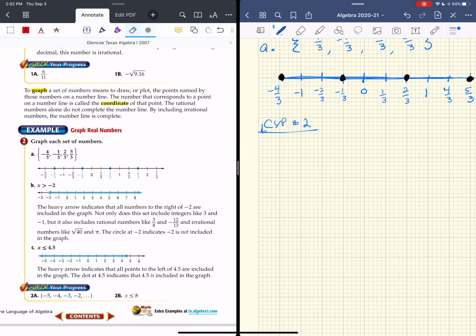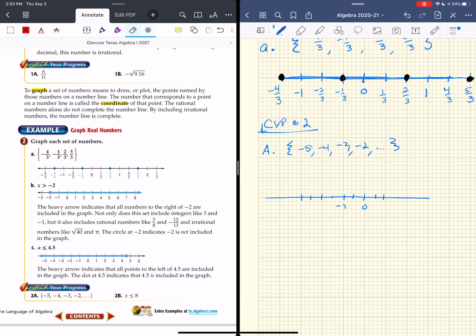I guess what we could say is if we're looking at the set -5, -4, -3, -2, ... So on a number line, if this is 0, and let's actually just kind of do every other one going up and down.